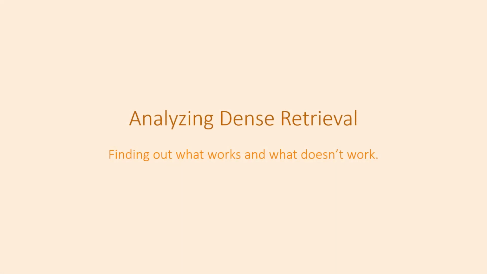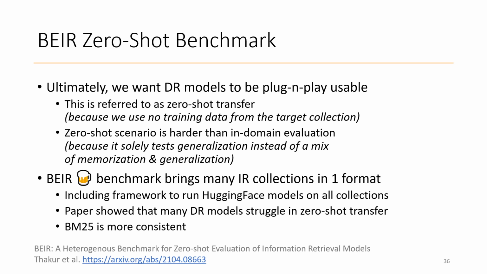Looking at the overall results, we now want to focus a bit more on analyzing those dense retrieval models and find out on a more fine-grained level what works and what doesn't work. First up, we want to highlight the BEIR zero-shot benchmark, because ultimately what we want to achieve with dense retrieval models is that they are plug-and-play usable, just as the traditional inverted index and BM25 paradigm.